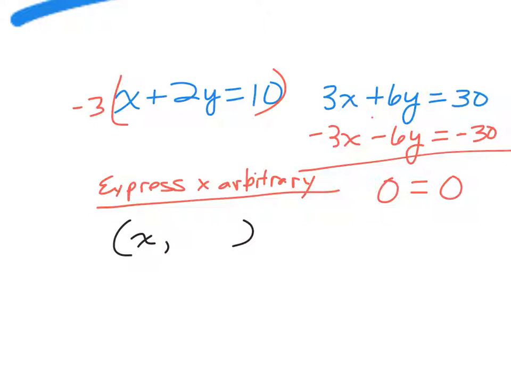Now to figure out what your y would look like, take either one of these two equations, it doesn't matter which one, and solve it for y. I like the looks of the first one better. So if I do that, 2y is equal to -x plus 10.